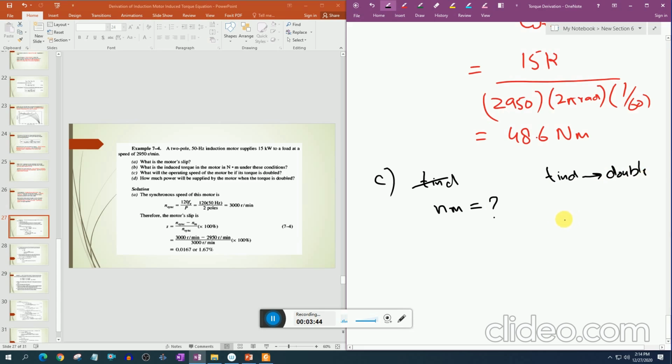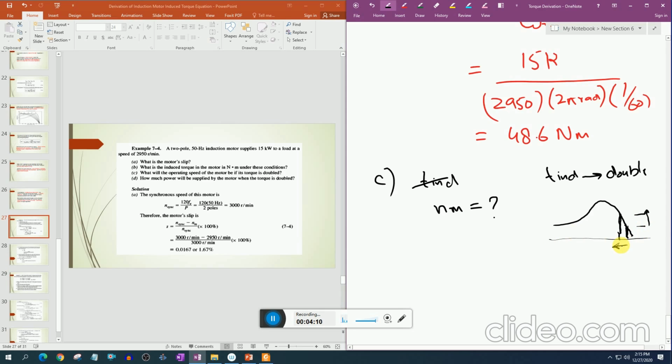As we already studied in the torque equation, it becomes linear here. If torque becomes double, it means the slip also becomes double.